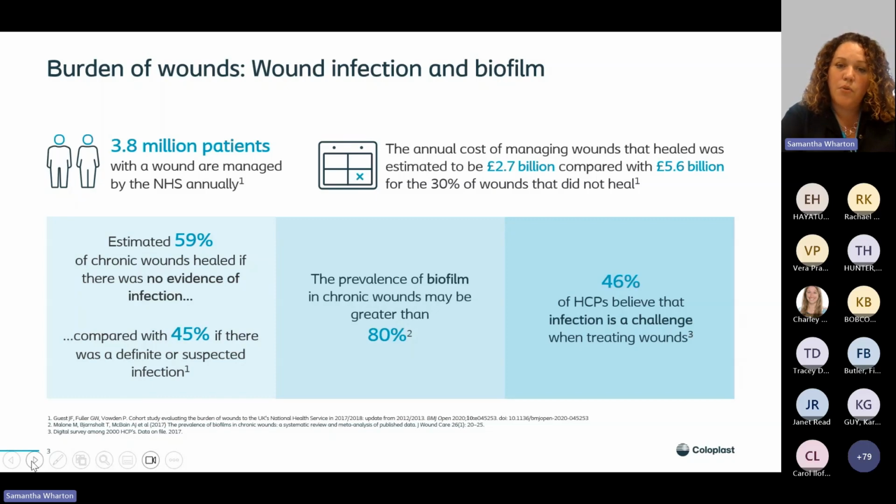In evidence, we know that the prevalence of biofilm in chronic wounds may be greater than 80%. So if you've got a chronic wound, 80% of them to 100% is coming out in further evidence, will have this biofilm. And we'll talk more about biofilms as we go through.